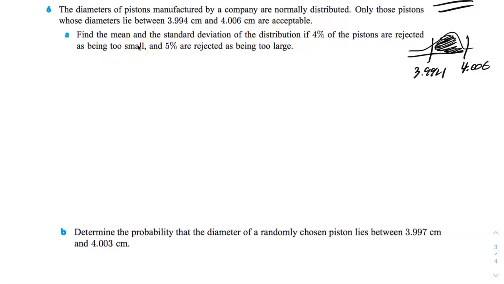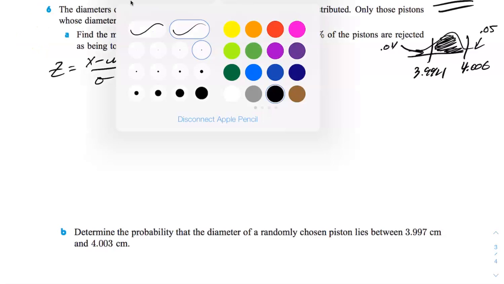So that tells me right now that this right here is 0.04, and then too large is 0.05. So they gave me everything, just not directly. So we're missing mean and standard deviation. So remember what that means? We have to do this twice. I have to do one for mean. I have to do one for standard deviation. Well, not directly. You have them both missing in both equations. But you have to do two of them. So I guess let's start with the small side.